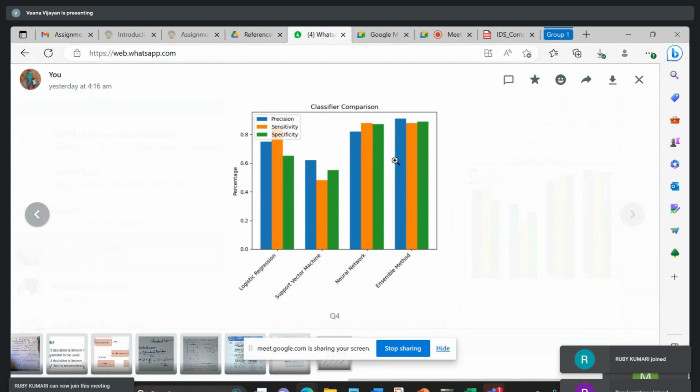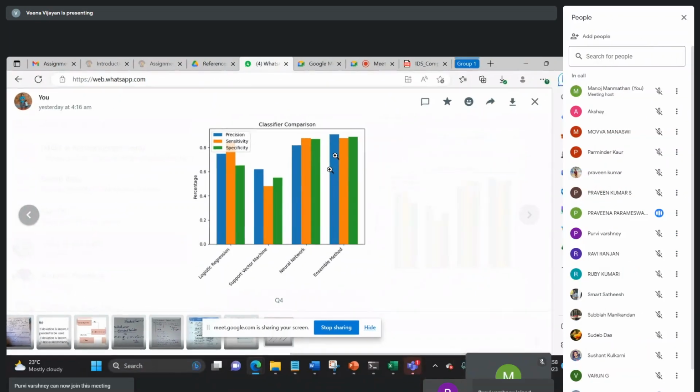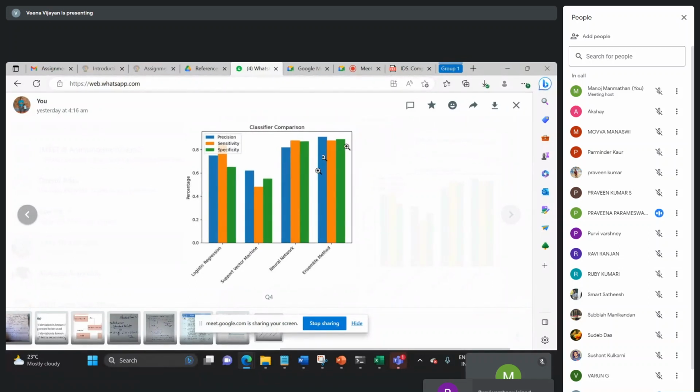We can also do one graph for each of them: one which shows only precision, another only sensitivity, and a third only specificity. So we will have three different graphs.